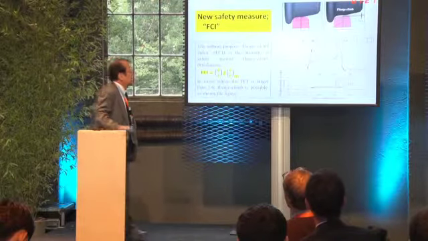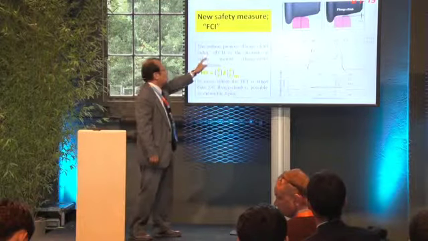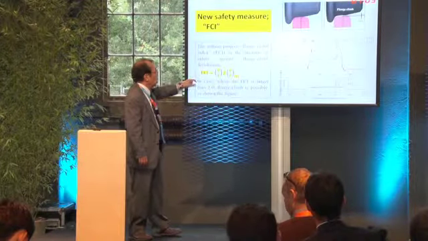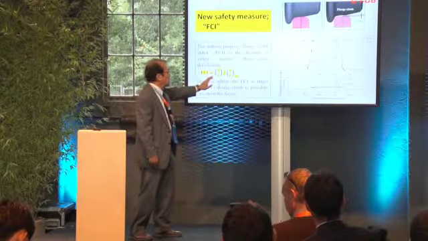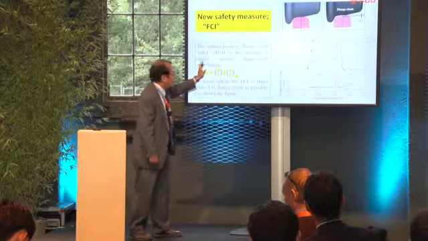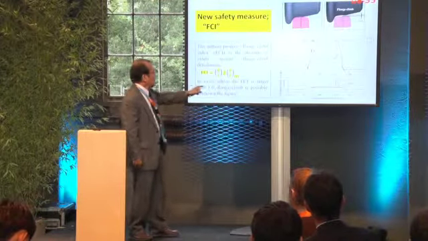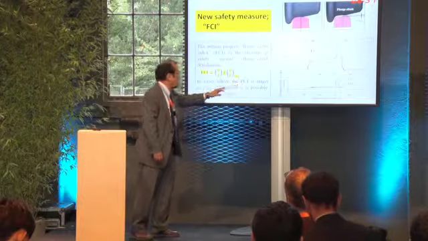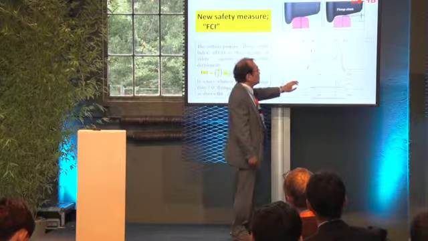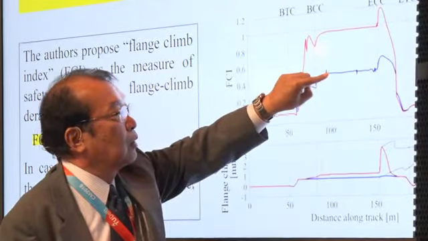So we proposed the flange climb index, FCI, as the measure of safety against flange climb derailment. FCI is defined by this formula, the ratio of the real Q by P against the critical value of Q by P. In the case where the FCI is larger than 1.0, flange climb is possible. This figure shows a high friction condition and a low friction condition.